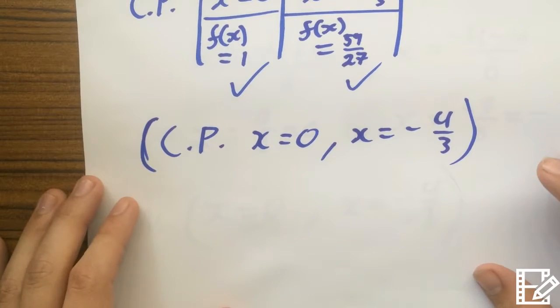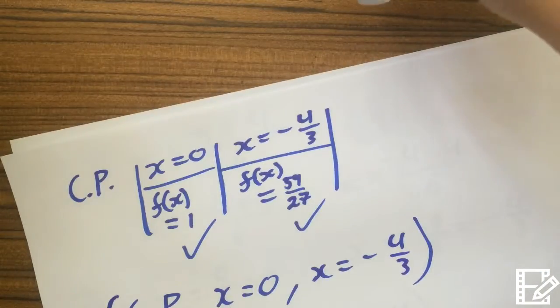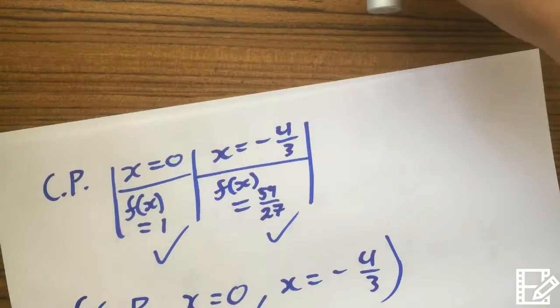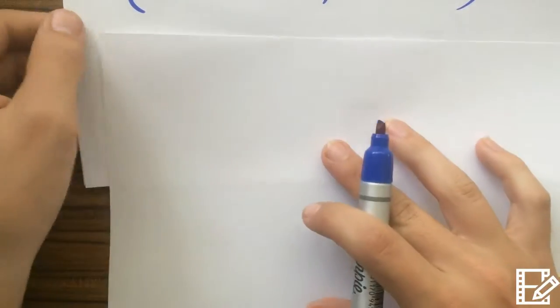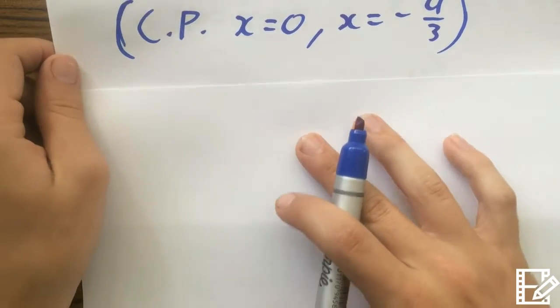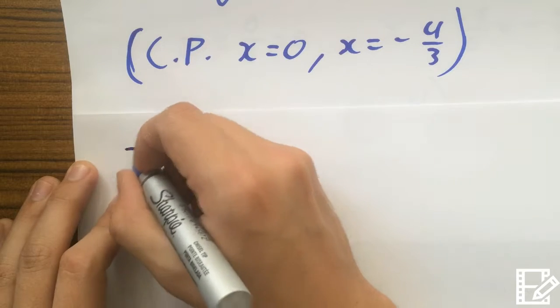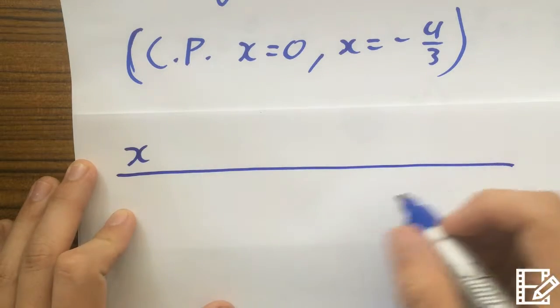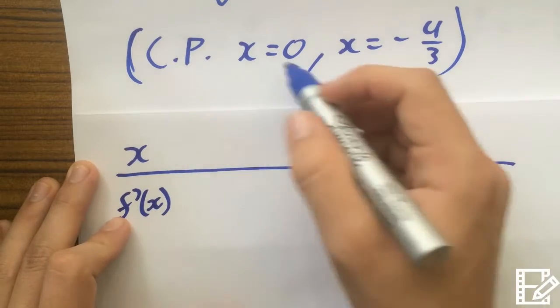Now we do the first derivative test, which is basically we use these numbers here and numbers around it to judge what the shape of the graph will look like using the first derivative. So we have our x values, big table, and we have our derivative. We calculated the derivative, and that's how we got these values.